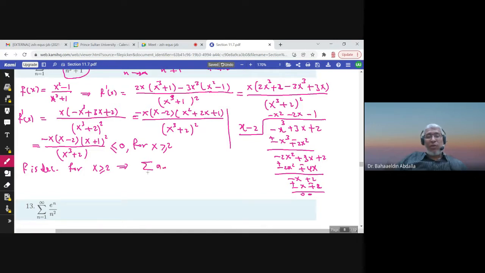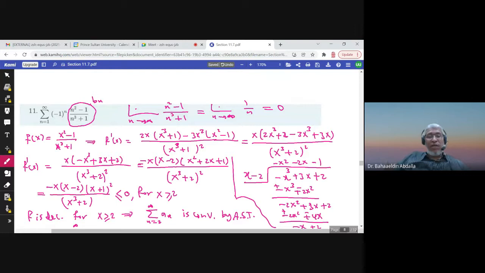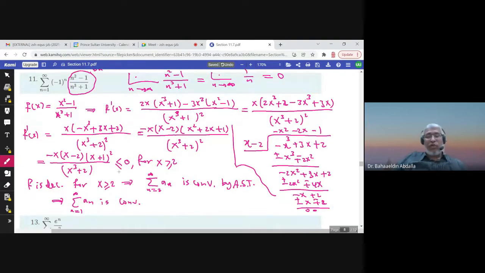So the summation of an from 2 to infinity is convergent by the alternating series test. And hence, if you add a number, it's also convergent. So proving that it's decreasing needs some effort, just to make sure that f prime is less than 0.